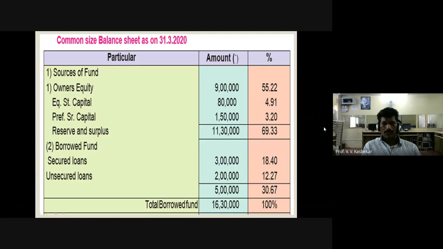That means total borrowed funds are 5 lakhs. And total of this sources of funds, it is 16 lakhs 30,000. Okay, now we have to find out the percentage of each item of the sources of funds with total borrowed fund. Now you can see total borrowed fund is rupees 16 lakh 30,000.